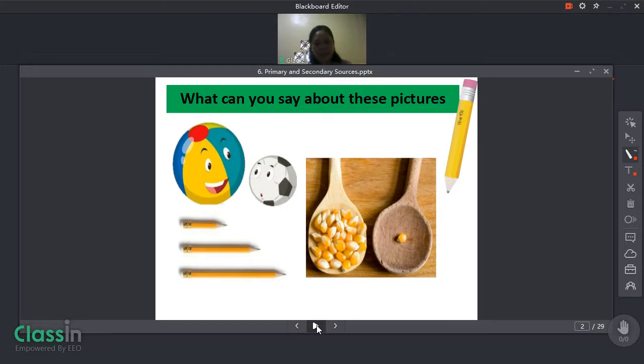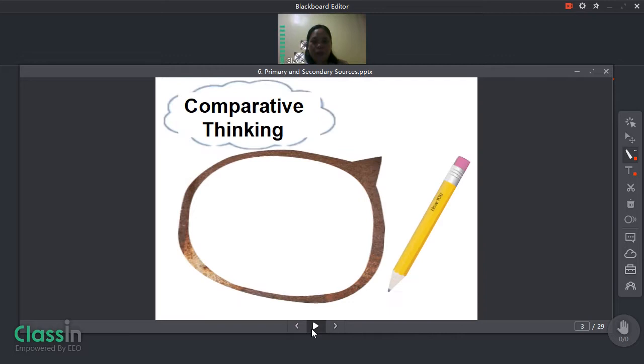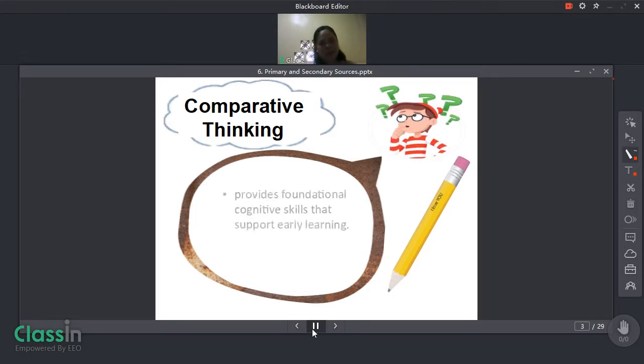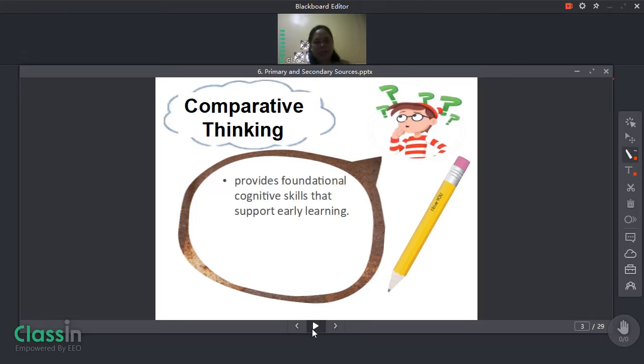What skills do you develop in comparing two or more things? Yes, when you are comparing things, you are developing comparative thinking skills. So what are comparative thinking skills? It provides foundational cognitive skills that support early learning.